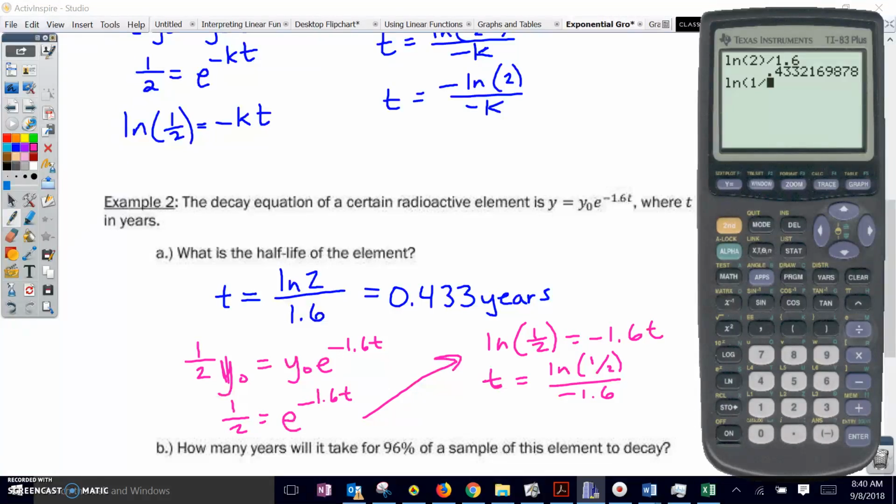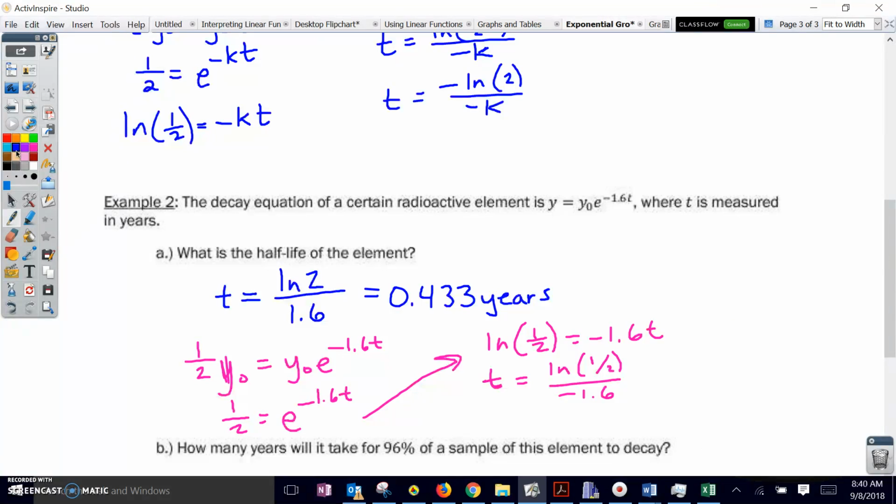Natural log of 1/2 divided by negative 1.6, and I get the same value for t. Alright, now this concept that we just did is more applicable to other situations in decay than just using a formula, and we're going to use that in part B.